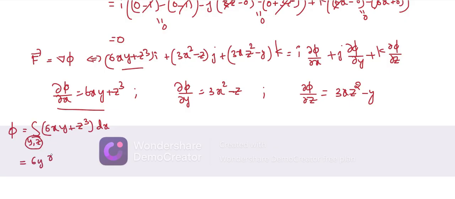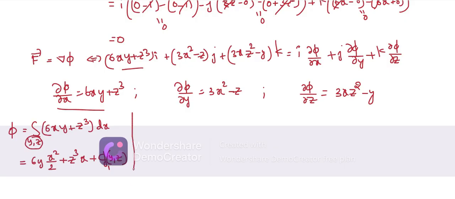The integration of x is x square by 2. Plus z cube is constant, take that outside. The integration of 1 with respect to x is x. Plus we need to write the integrating constant. The integrating constant is some function of y and z. Let me call it g1, right?